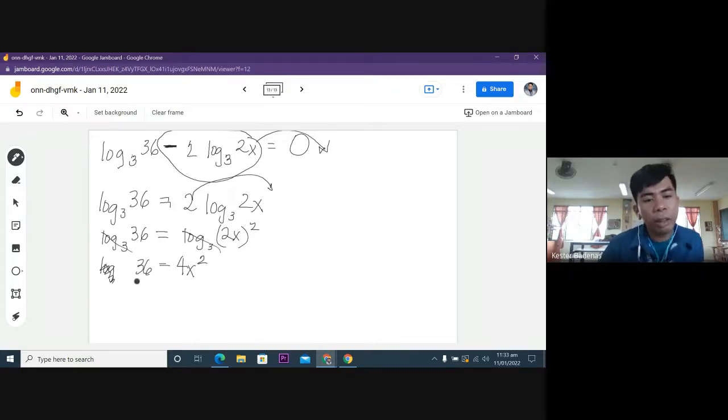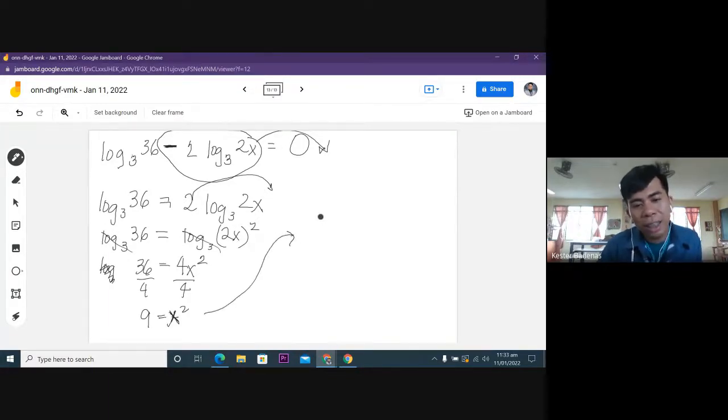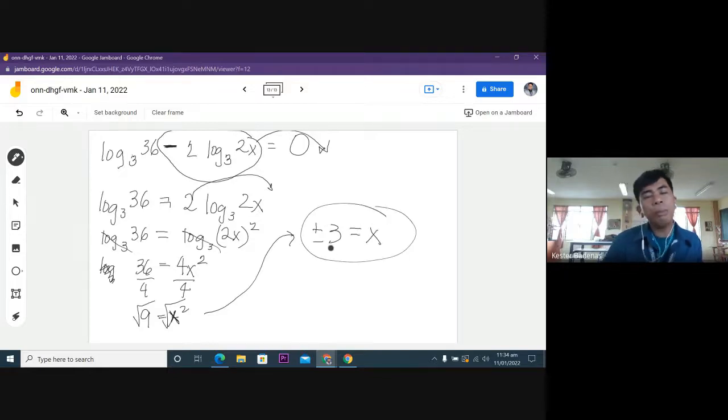Okay? Divide both sides by 4. We have 9. 9 is equal to x squared. Square root both sides. So, we have positive negative 3 is equal to x. So, x can be positive 3 or can be negative 3.